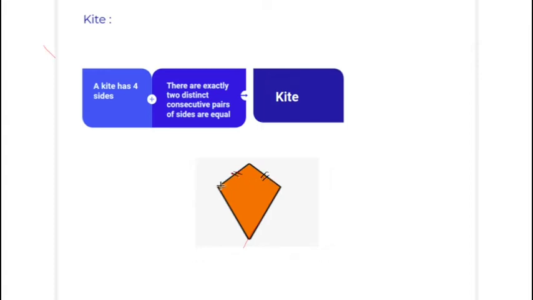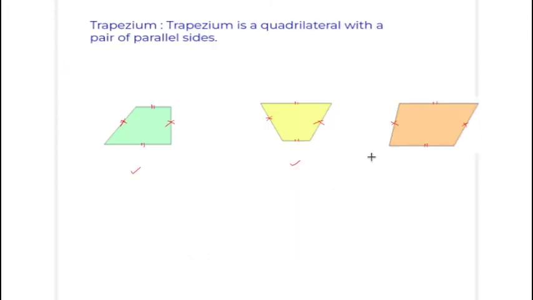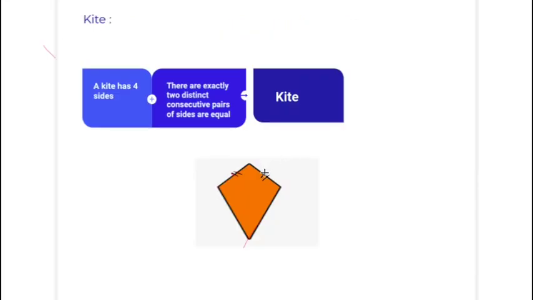And see, they are consecutive also, continuous, not opposite. In a trapezium the opposite sides are parallel, but here we are talking about consecutive pairs, that means one after another, regular. These two sides are equal.